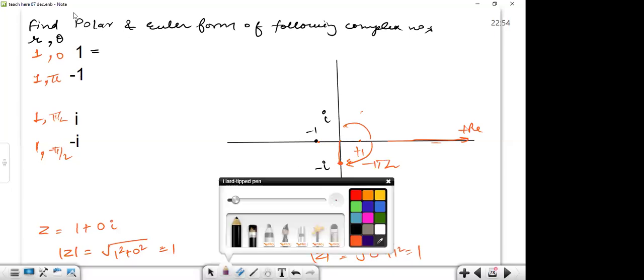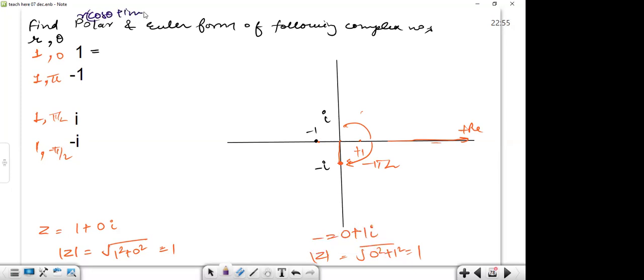Now we just have to write. Our polar form is basically r times cos theta plus iota sin theta. So r is 1 into cos 0 plus iota sine 0. This is the polar form.